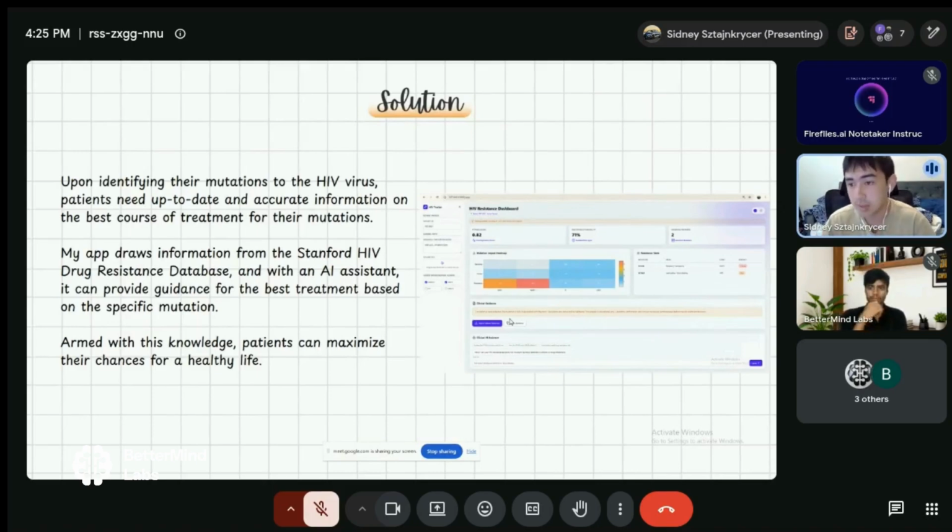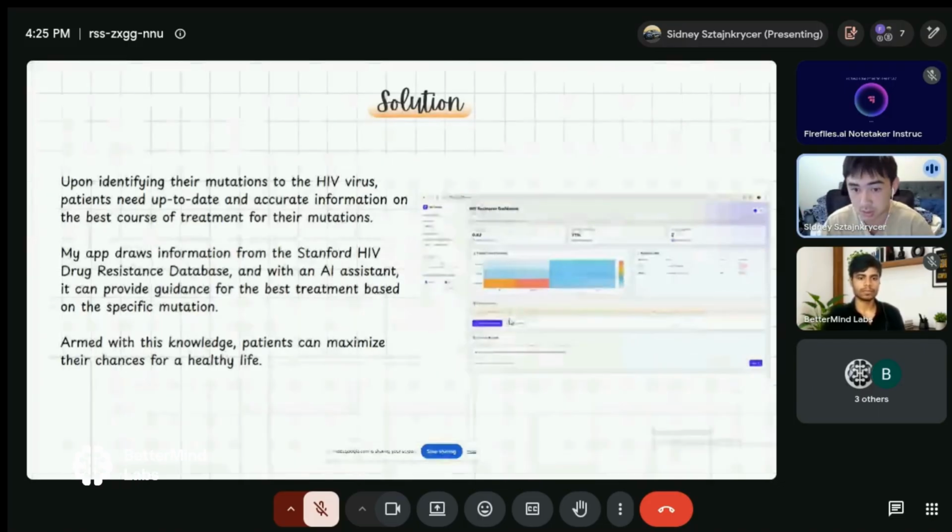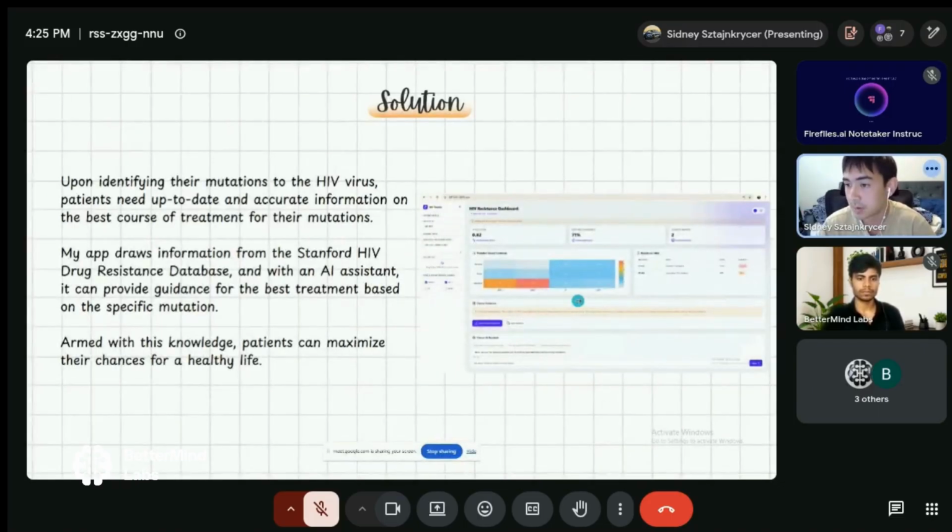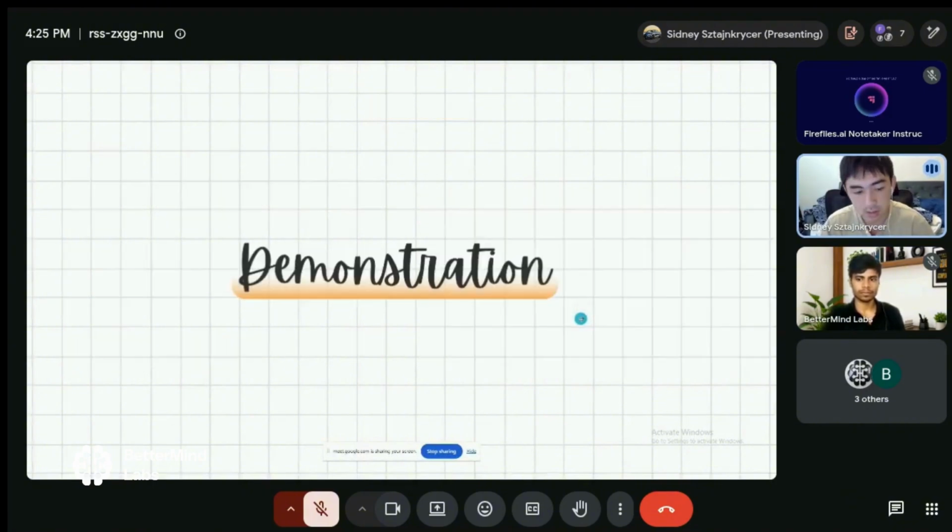When we identify that this person has HIV and the mutations that they have, my application gets its information from Stanford's HIV drug resistance database, and with an AI assistant, it tries to help you determine the best course of action for the treatment that you need to help you fight this mutation. And let's get right into it.